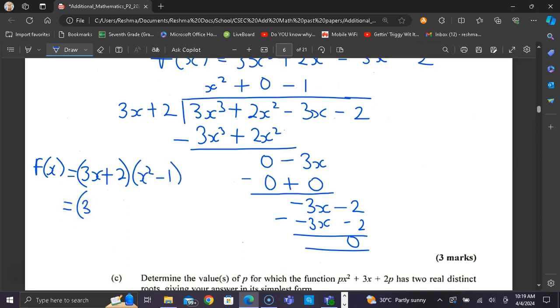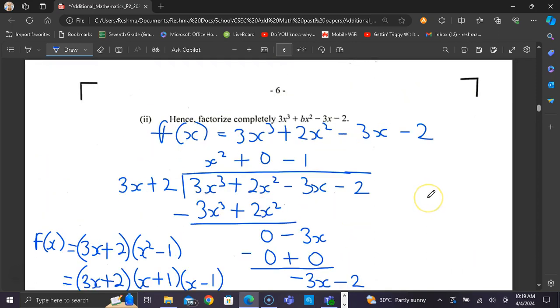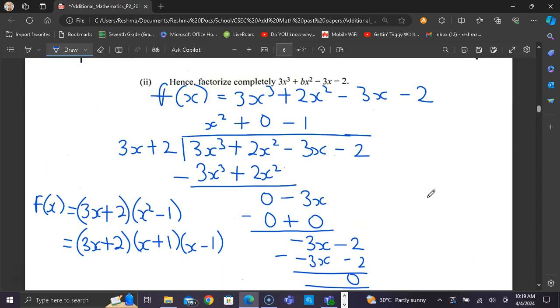So x squared minus 1, of course, is in the form a squared minus b squared, which we can factorize as a plus b by a minus b, so x plus 1 by x minus 1. Right, so we have completely factorized our cubic function f of x.